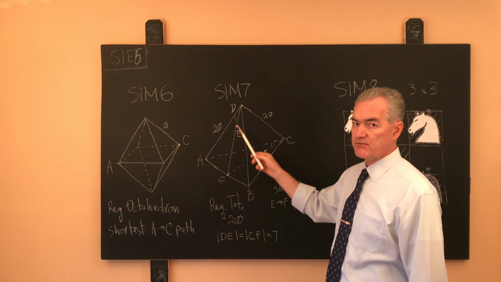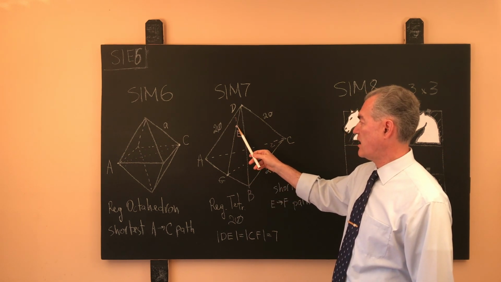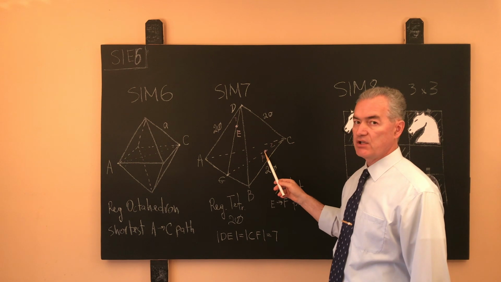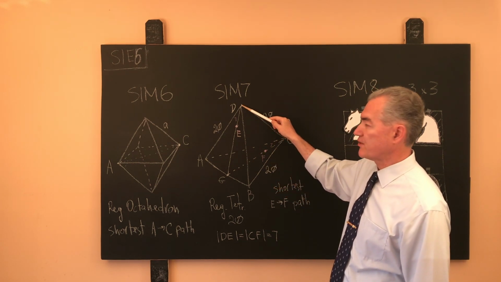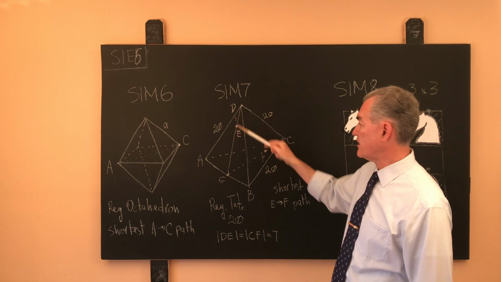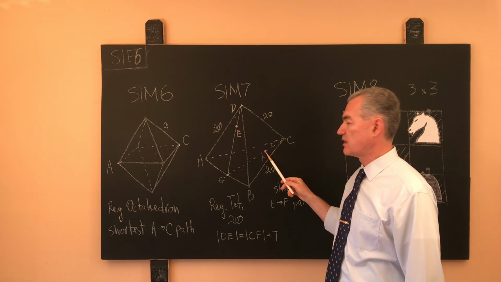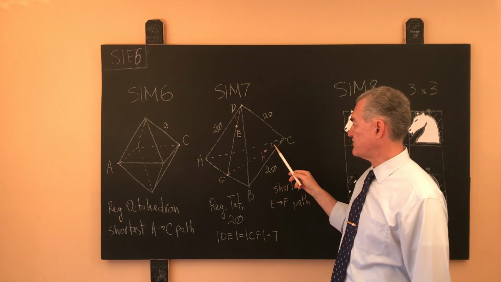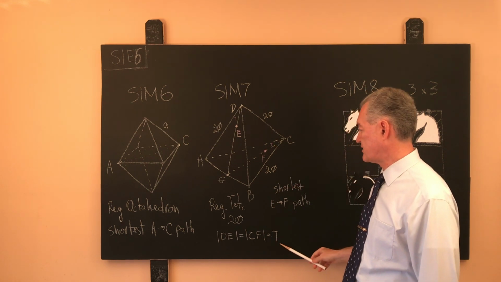On these respective heights or medians, points E and F are chosen in such a way that the distance from the vertex D to the point E is 7 units of length, and the distance from the vertex C to the point F is also 7 units of length as depicted over here.